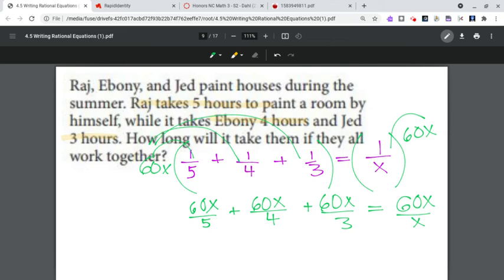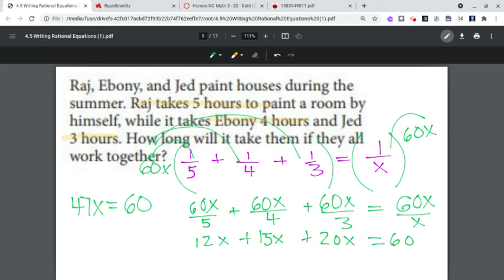60x over 5 reduces to 12x. 60x over 4 reduces to 15x. 60x over 3 is 20x. 60x over x is 60. Okay, 15 plus 12 plus 20 is equal to 47x. 47x equals 60.